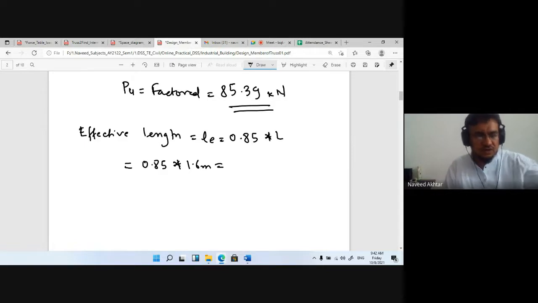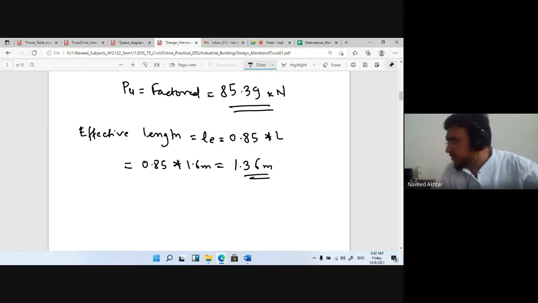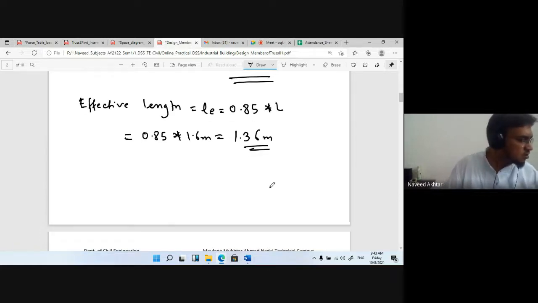So it is 0.85 into 1.6, and it is 1.36 meter. Okay. Now we have to find out the lambda.